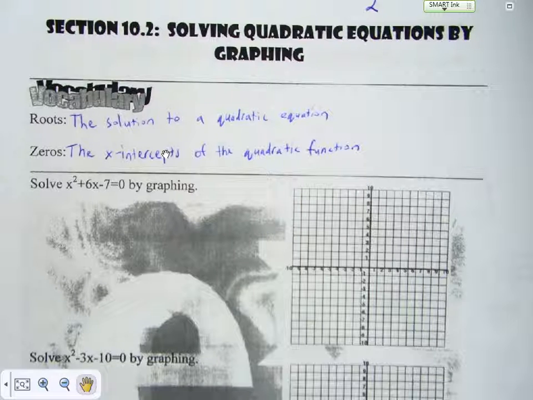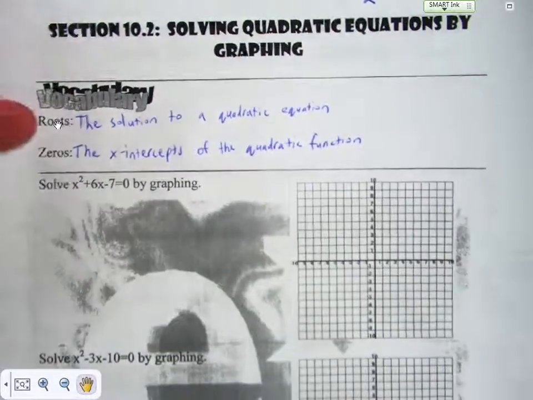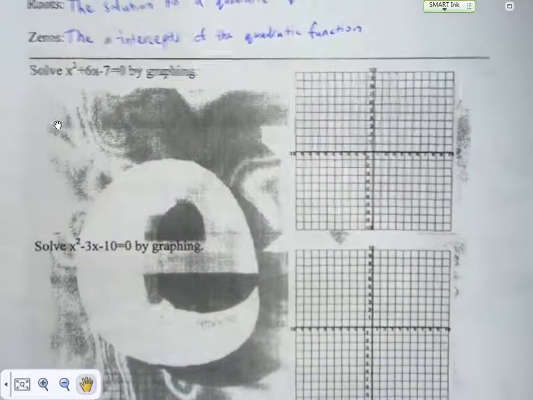That is, you can replace roots with zeros and zeros with roots and basically be talking about the same thing. In other words, when we graph the quadratic equation, wherever it crosses the x-axis ends up being the answers to the quadratic equation, the solutions, the x values. So this is another way of basically finding out what the answer is.